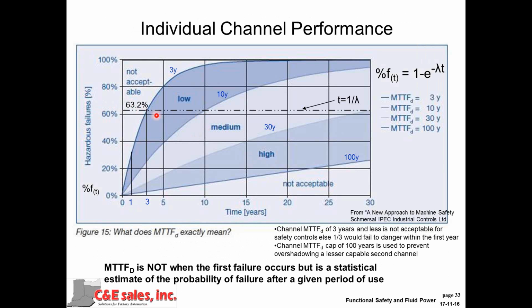You notice here that with a 3-year mean time to dangerous failure, I'm at 63. If I have a mean time to failure of, say, 30, notice that at 30 years, I still have 63%, but with the 3-year use, I would have, here it is, the curve.